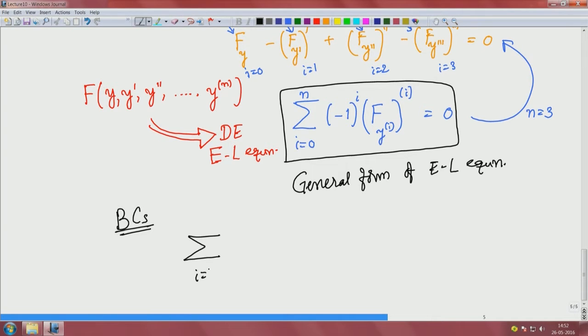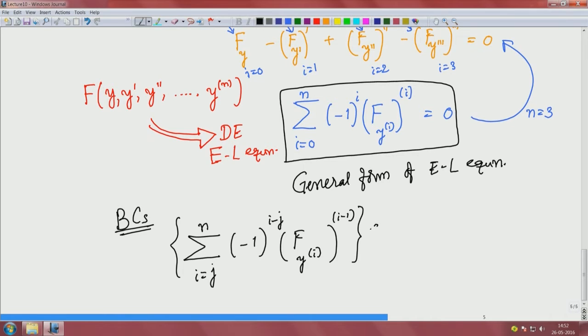You have the sum over i going from j to n, and you will realize why we write it like this, minus 1 raised to i minus j, f_{y^(i)}, with this whole thing differentiated up to i minus 1 times, and all of this, including the summation, times h, which is also differentiated j minus 1 times, for j equals 1, 2 up to n.